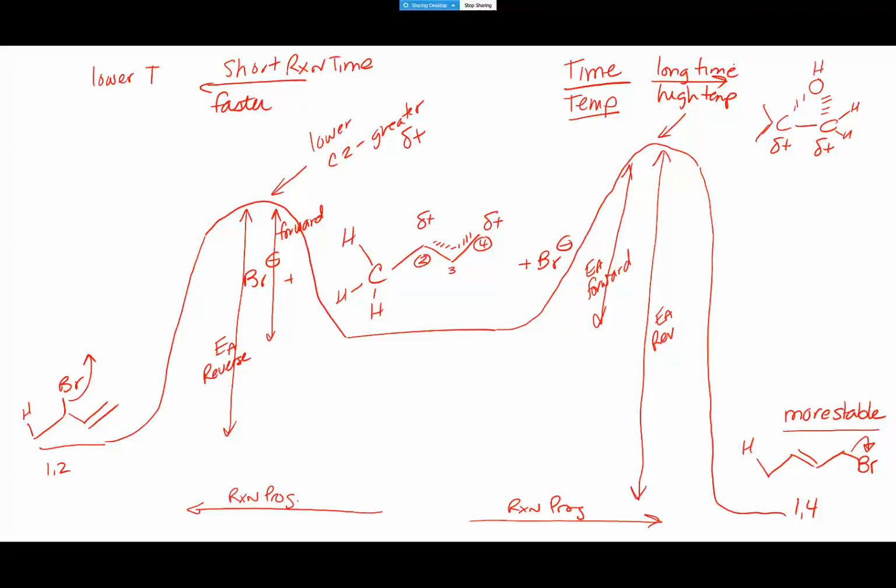You have a temperature that's just sufficient to overcome three of those barriers, but not the big fourth one. So in other words, it can reverse itself all day long, forming 1,2, but once it goes to the 1,4, it's stuck. That's what you would sometimes call a thermodynamic sink. Once it goes in, it's not coming out. So if you let the reaction go for a long time at high temperatures, you're now going to favor the 1,4 product.